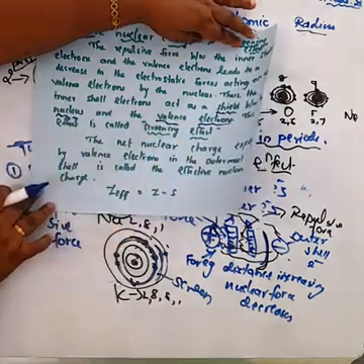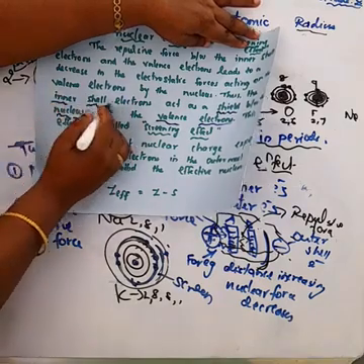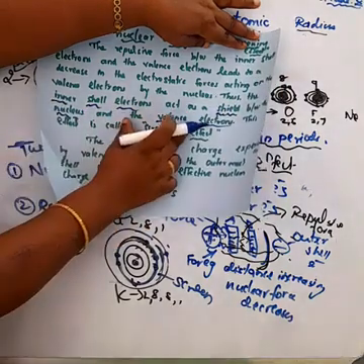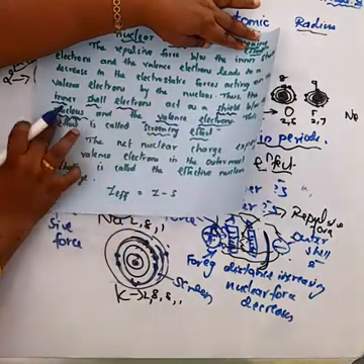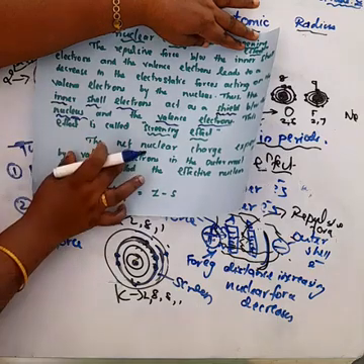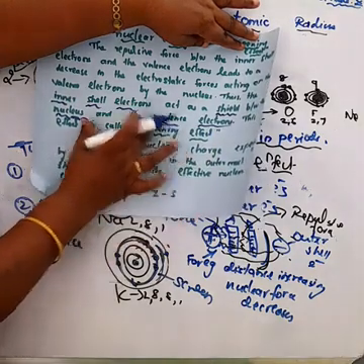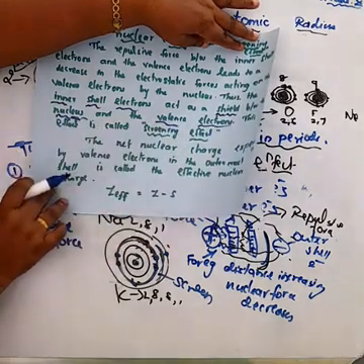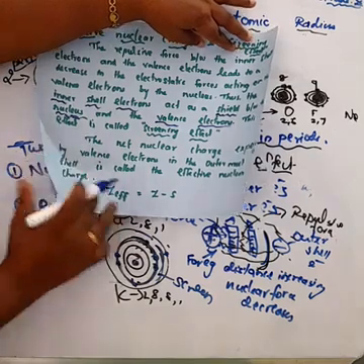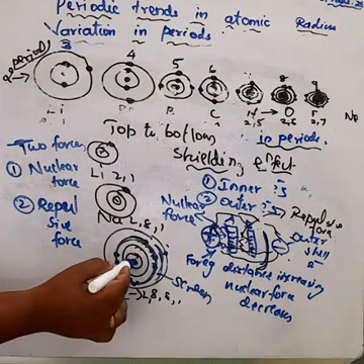The inner electrons act as a shield between the valence electron and the nucleus. This effect is called the shielding effect. Understood about the shielding effect? The nucleus always attracts the electron, that is called electrostatic force of attraction.